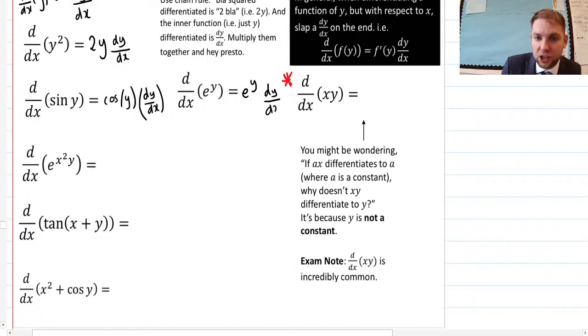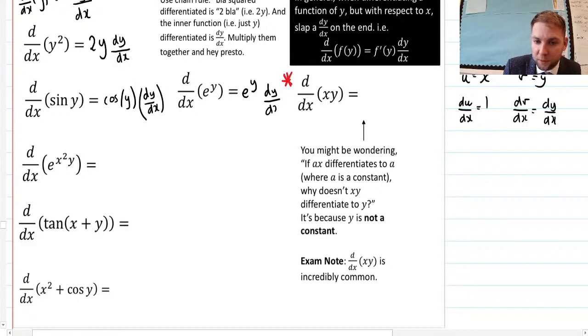And we're going to say let u be equal to x, let v be equal to y. If I differentiate u with respect to x, I get 1. If I differentiate v with respect to x, I end up with dy by dx.